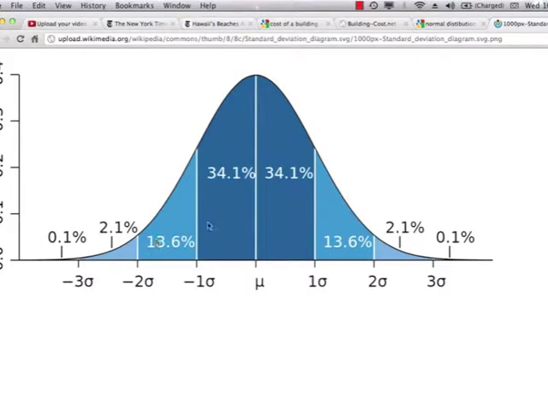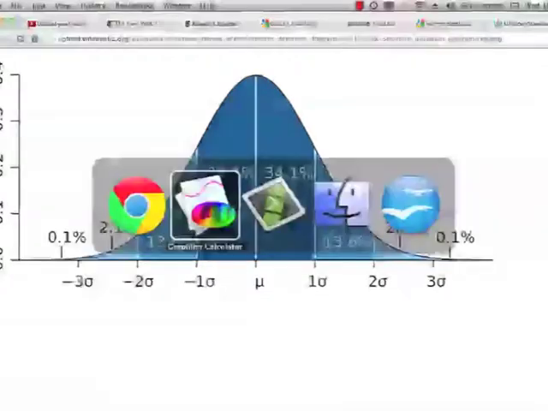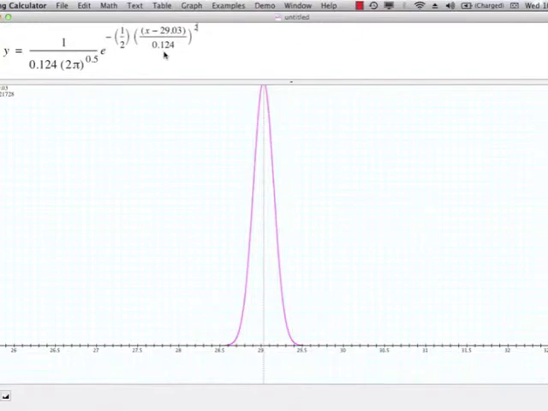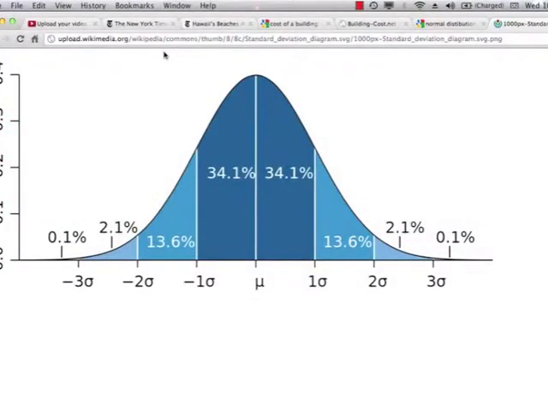Well, these values are areas under the curve, and areas under the curve have to do with integration. Okay, so let's take a pause and we'll set this up, and I'll show you how we can integrate this function to get these numbers.